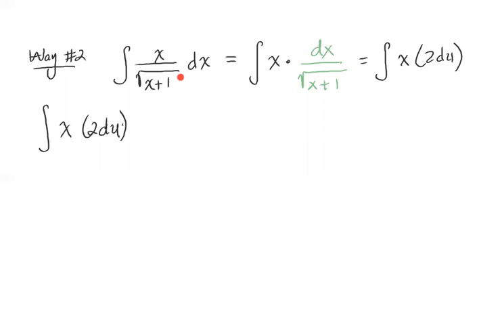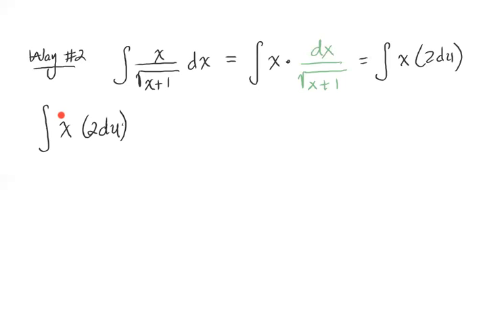So in this one, I have not yet substituted for u, but now I'm going to use the fact that I know what u is to say, well, I can't have an x in my integrand. I have to rewrite everything in terms of u. So let's use what I've called u to rewrite that expression in terms of u.